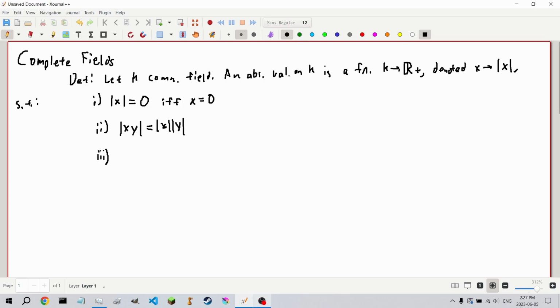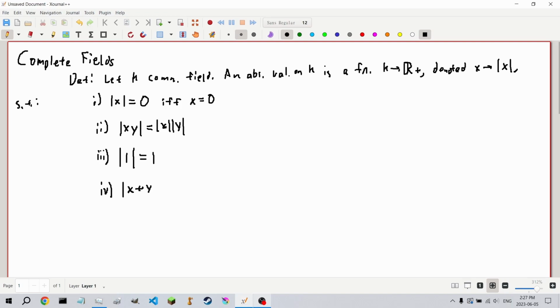Number 3 is that our multiplicative unit has a size of 1. This isn't unique like 0 is, because for example, a normal absolute value on the real numbers will have -1 also. In the complex numbers, the unit circle will have an absolute value of 1, but still.